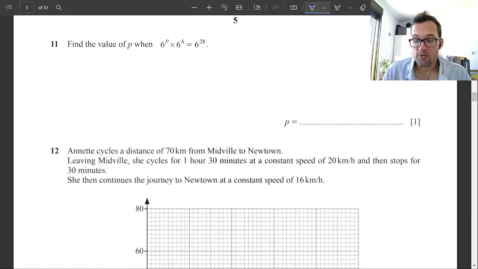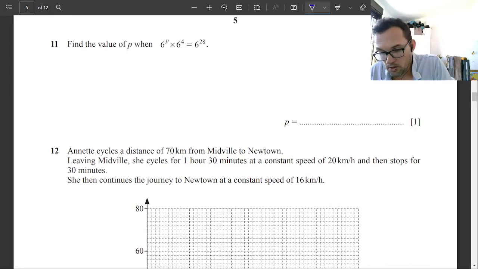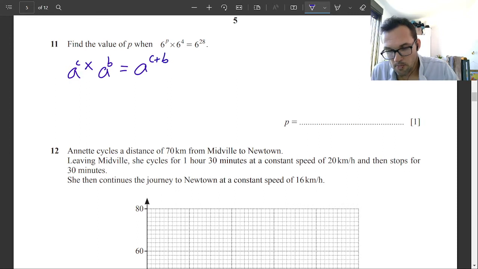Question 11, straightforward index question. Remember the index rule. If we got two indices, let's just make them both A, and they got the same base, then with exponents B and C, we add them together. So in this case, we got 6 to the power of P times 6 to the power of 4.